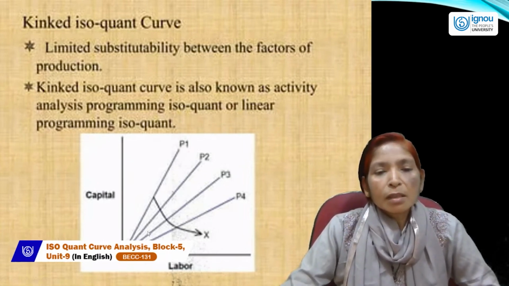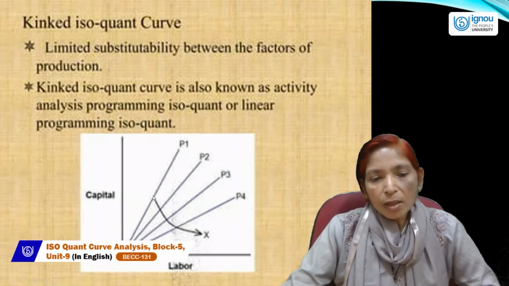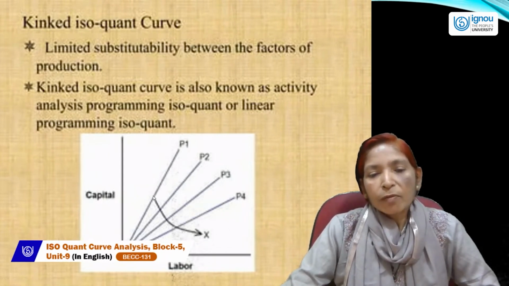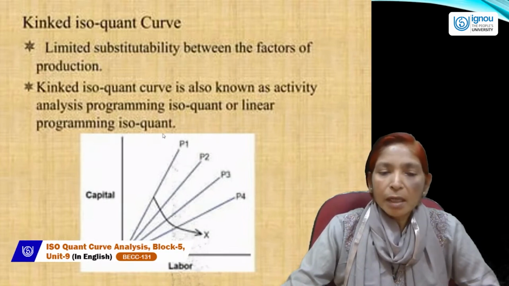Here, these are different lines like P1, P2, P3, P4. These are different production lines which are showing the expansion path. And if we join all these points on P1, P2, P3, P4, then we will get a kinked shape, or the isoquant curve may be kinked.